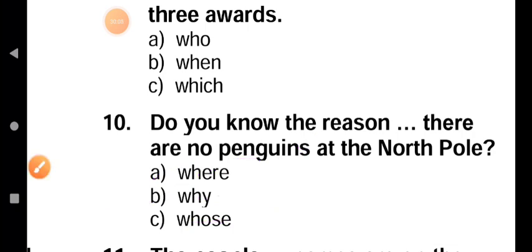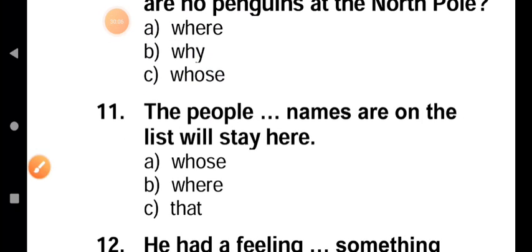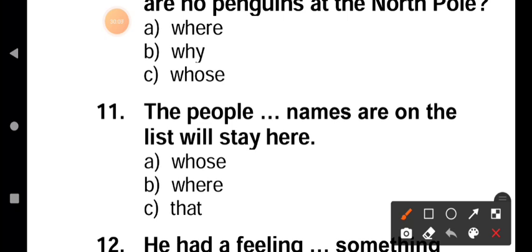And then we go to the next one, the 11th question. The people dash names are on the list will stay here. In the elimination method, in the options, B is not a suitable answer. It is not a place, we are talking about people.